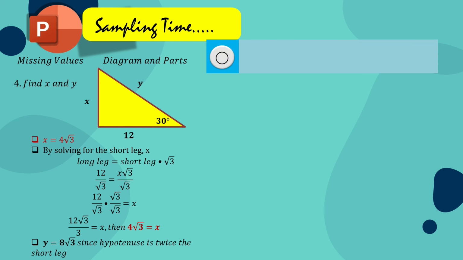So to solve for the 6 trigonometric ratios, we'll start with the sine function. Given that the short leg is 4 square root of 3, the long leg is 12, and the hypotenuse is 8 square root of 3. Sine is opposite over hypotenuse. The opposite is 4 square root of 3, the hypotenuse is 8 square root of 3. So 4 square root of 3 over 8 square root of 3.